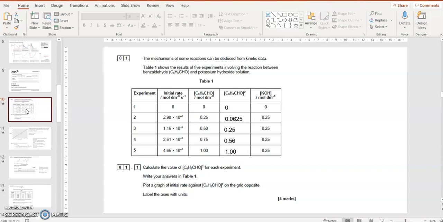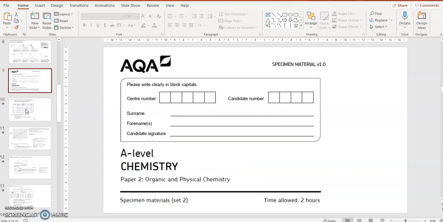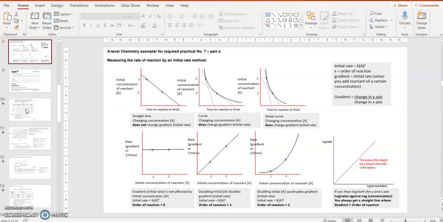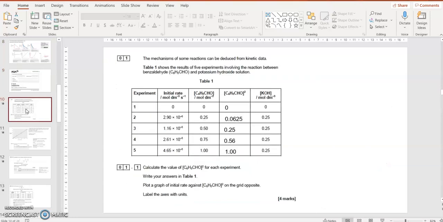If they ask you to plot the first 2 columns, initial rate against concentrations, you're going to get one of the bottom 3 curves: flat line, order 0; straight line, order 1; curve, order 2. But they've put a cheeky little change in there. They've done the concentration squared. I'll explain how that changes things in a minute.